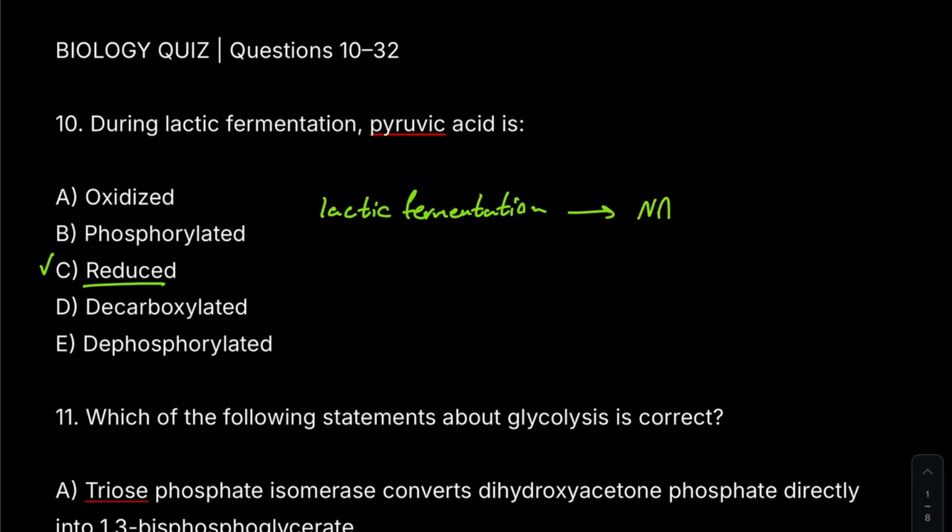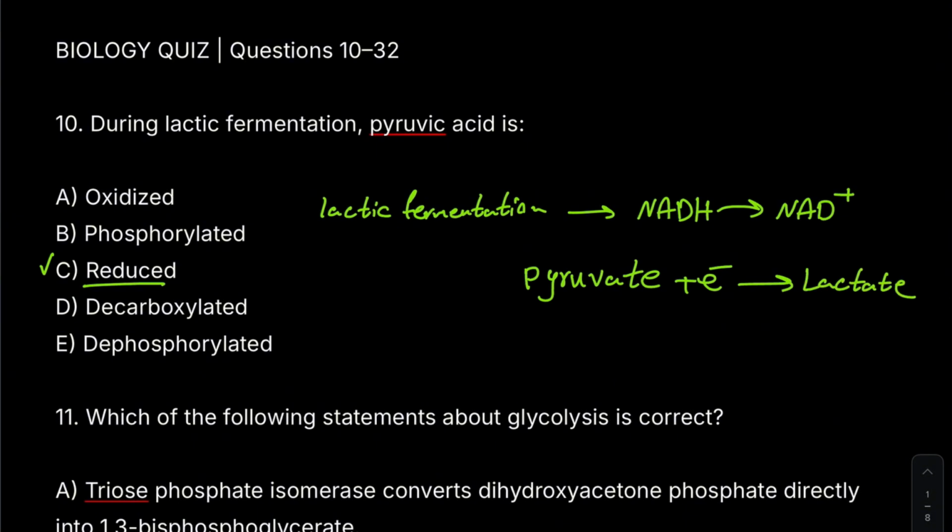NADH is converted to NAD positive, and pyruvate is converted into lactate by the enzyme lactate dehydrogenase, LDH. This reaction regenerates NAD positive, allowing glycolysis to continue producing ATP even when oxygen is unavailable.